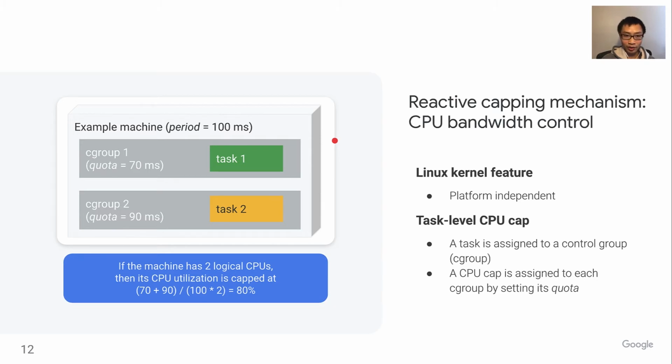So task 1 here will have up to 70 milliseconds access to the CPU every 100 milliseconds, and similarly for task 2. If the machine has two logical CPUs, then its CPU utilization is capped at 80%, which is equal to the sum of the quota of all the tasks divided by the sum of the period of all the logical CPUs.